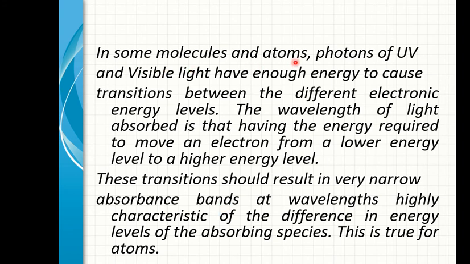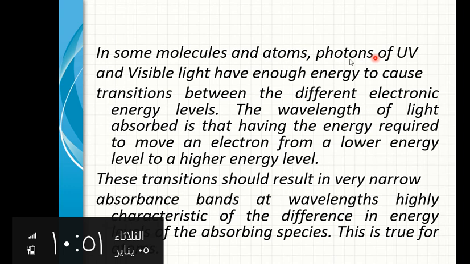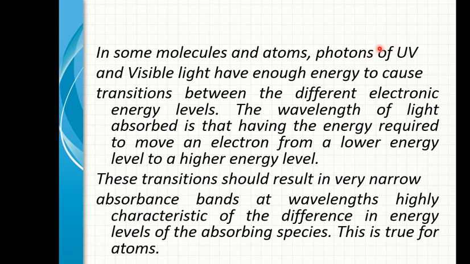In some molecules and atoms, photons of UV and visible light have enough energy to cause transition between the different electronic energy levels. So a molecule or atom, and there is a photon of UV light, and this molecule absorbs this photon and causes transition between different electronic energy levels.